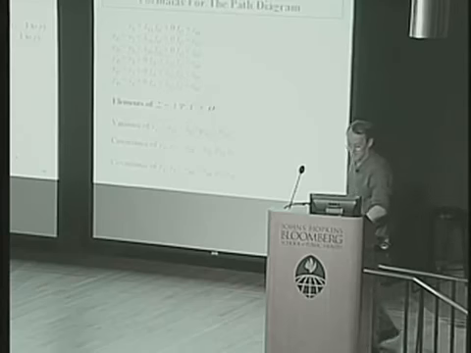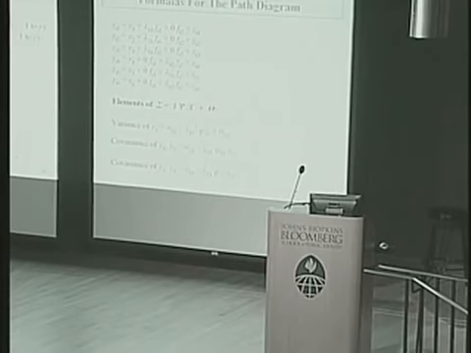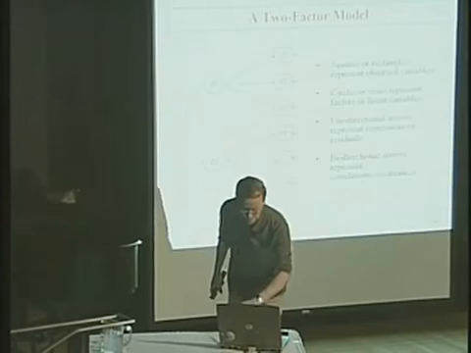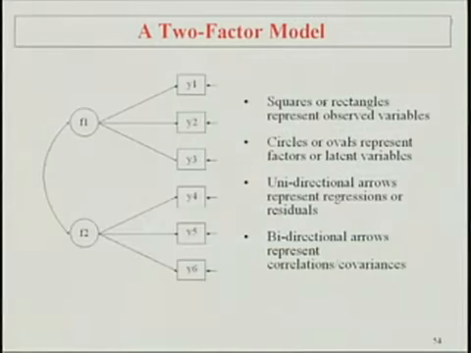Let me go to slide 54. On the left screen, you have a model diagram for a two-factor model where the first three variables measure factor 1 and the last three measure factor 2. So we use terms like y1 measures f1, or y1 loads on f1. In any case, the arrows go from f1 to y1.